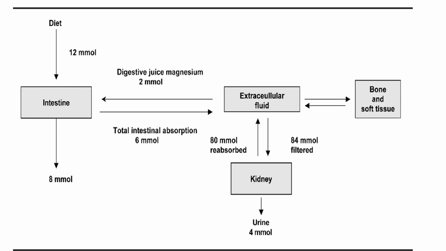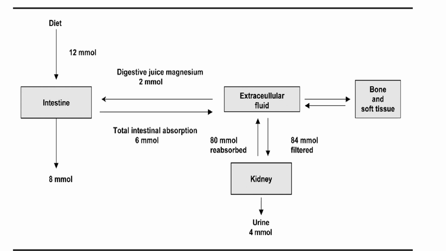Those 6 millimoles then go to the plasma in the extracellular fluid. When the extracellular fluid plasma is filtered through the glomeruli, 84 millimoles of magnesium is filtered. Out of this 84, 80 millimoles is reabsorbed. Only 4 millimoles are excreted in urine.